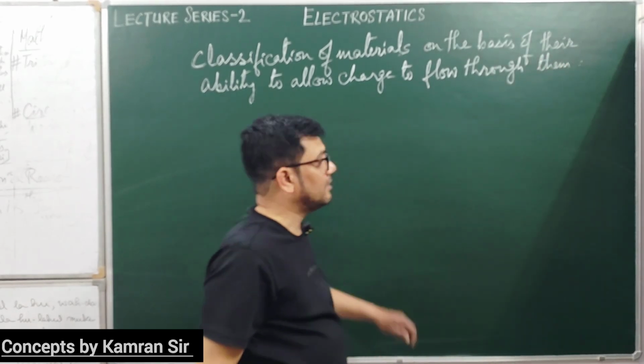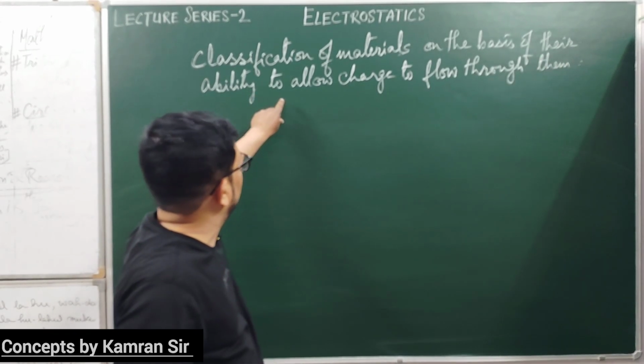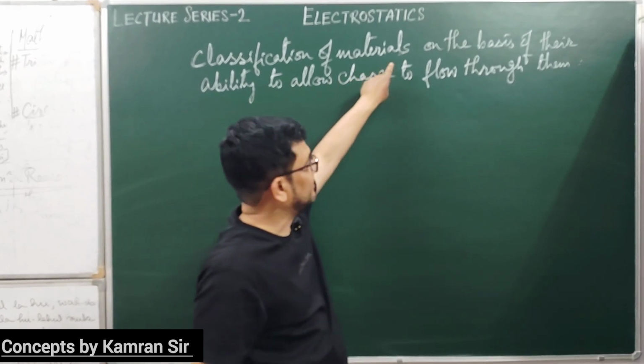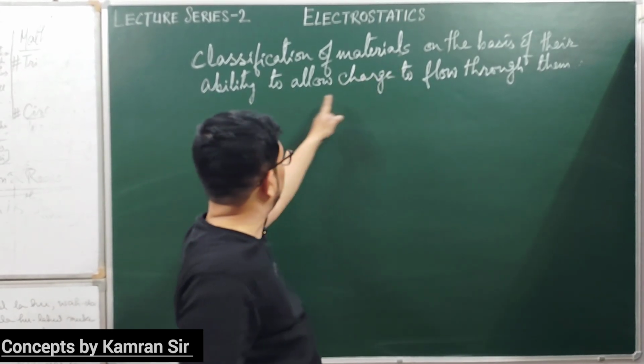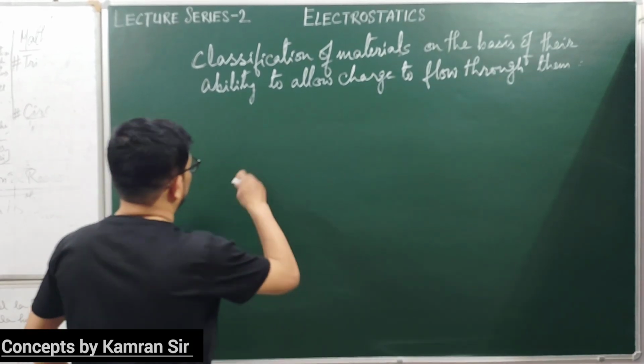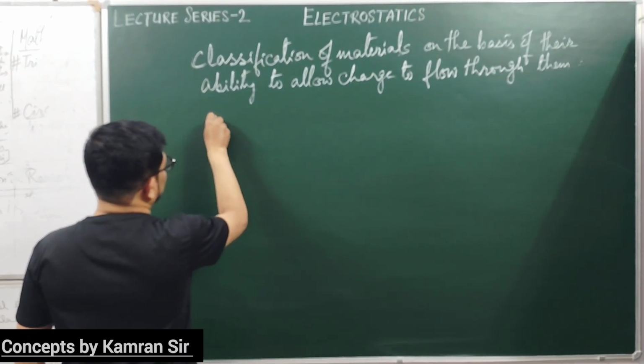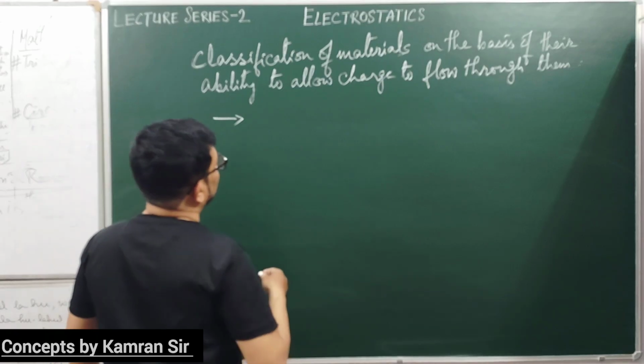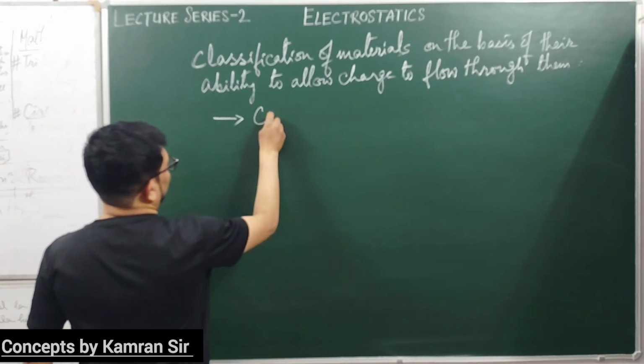So basically here we will understand how we can classify the materials on the basis of this ability of the charge to flow through those. So there are three classifications. One type of material we can think of could be conductors.